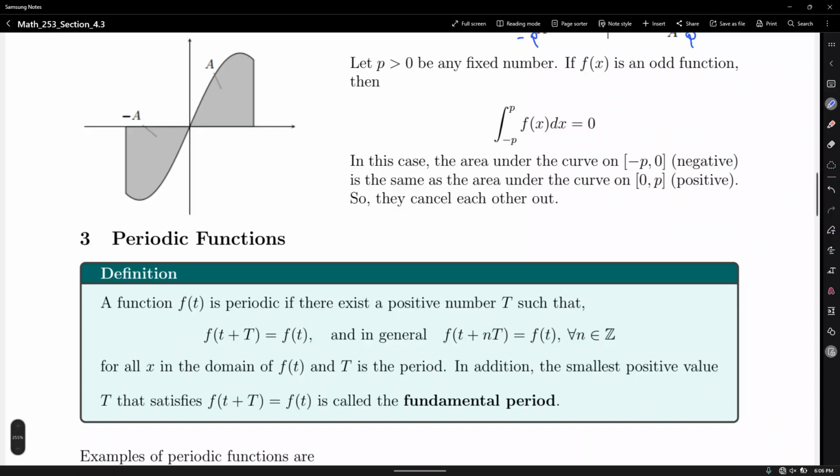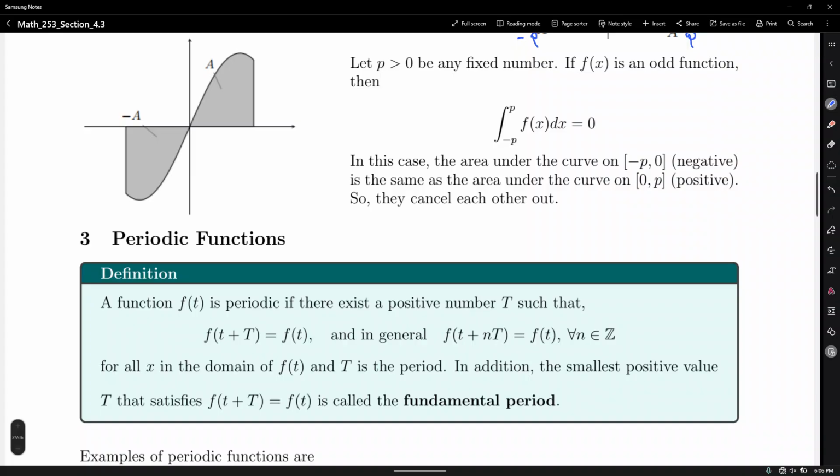And again, in general, f of t plus n times the uppercase T equals f of t for all n in the integers, because we can add the period right here and we still get the same function value.